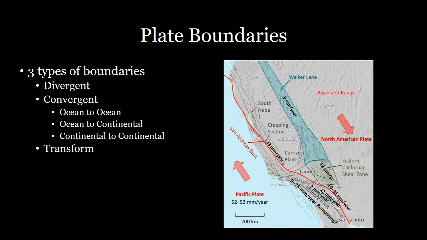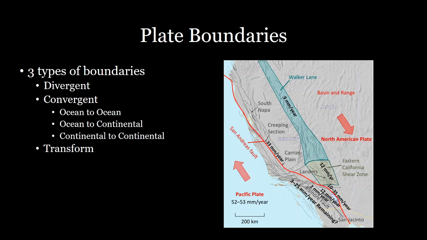But that plate boundary is much wider, and some of that strain is taken up by faults that run parallel to the San Andreas Fault. For example, the Eastern California shear zone accommodates about 22 millimeters per year, where some of these auxiliary faults are also deforming, and not all the deformation is occurring at the San Andreas fault boundary.